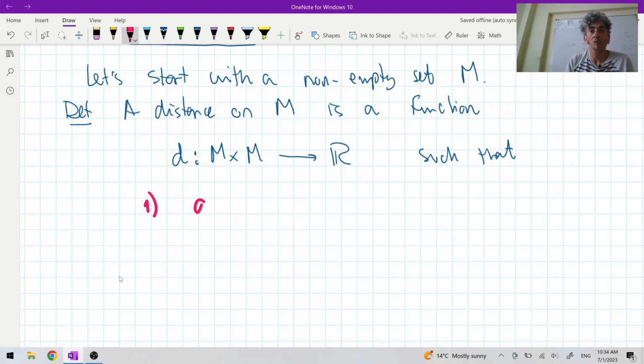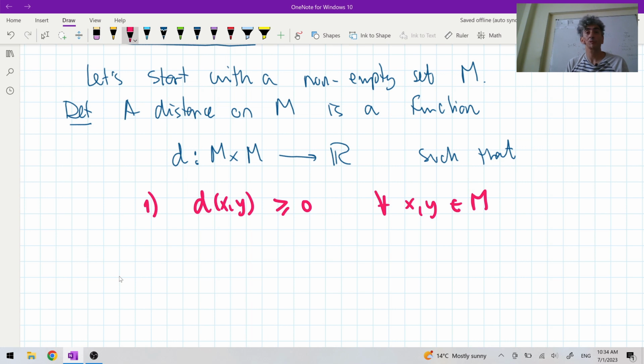Well, first of all, the distance between any two elements of M should be a non-negative number. Distances are going to be either 0 or a positive number.